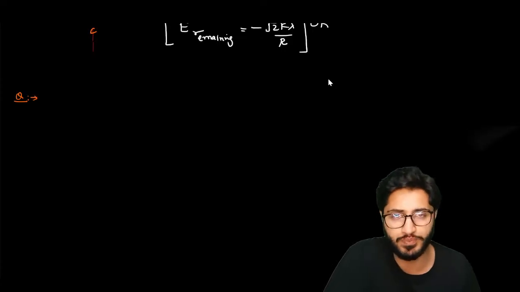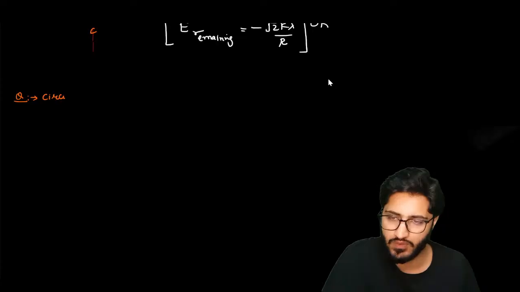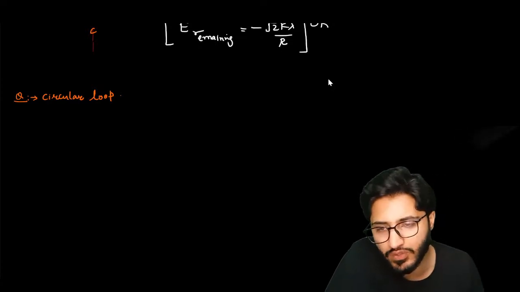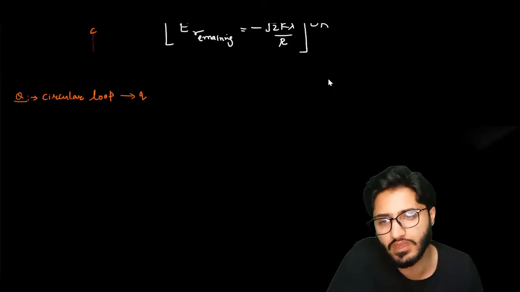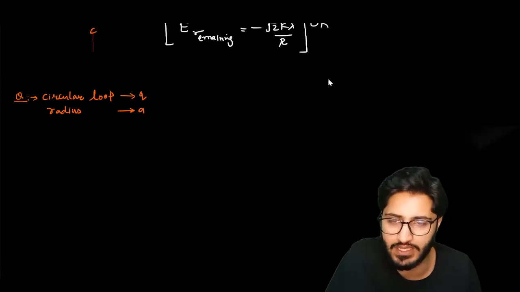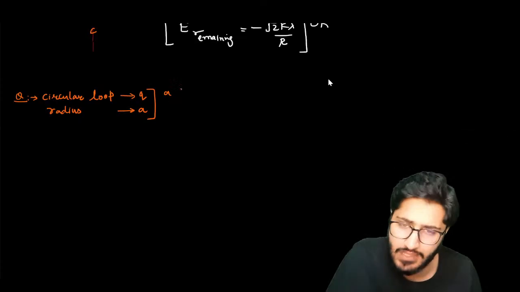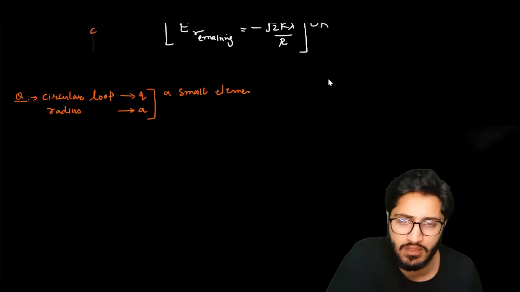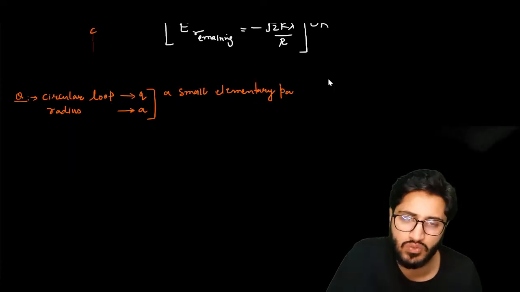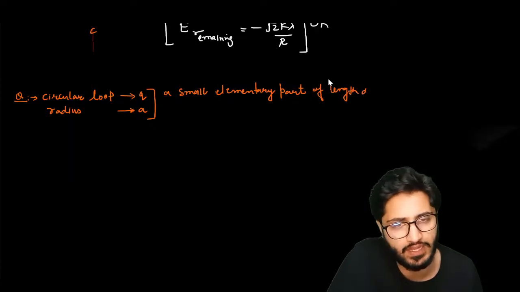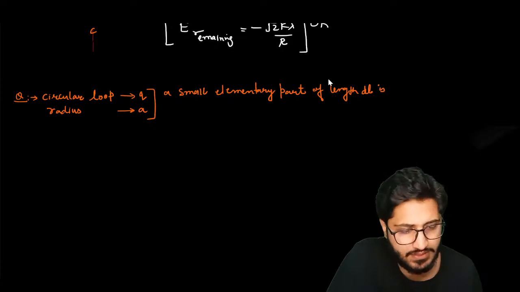So we have a circular loop. The circular loop contains charge Q, and the radius is given to be A. Now a small elementary part of length dl is cut.